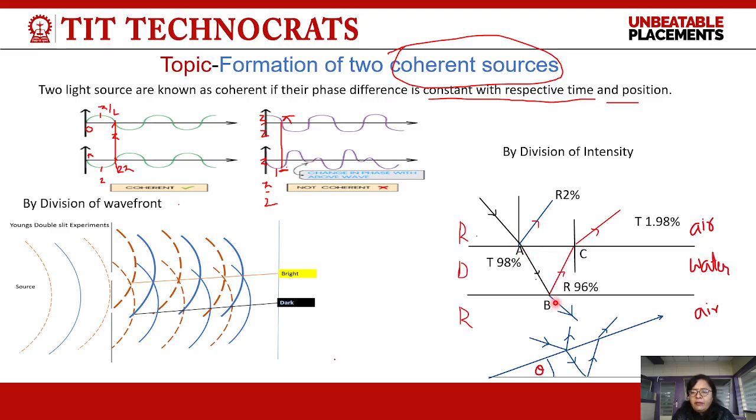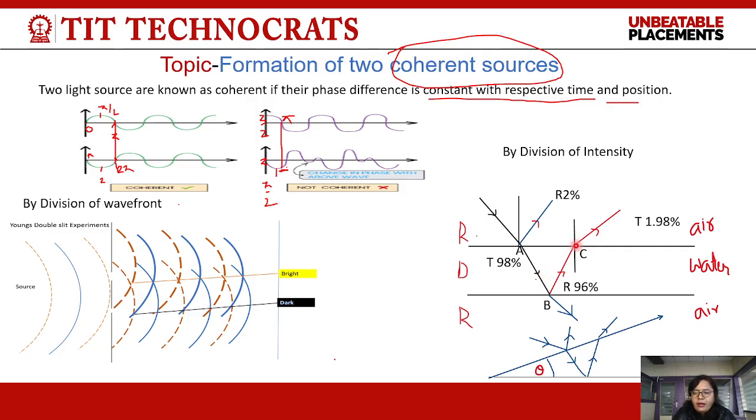So the transmitted light consists of 98% of the intensity, and the reflected light consists of 2% of the intensity. When this transmitted light reaches the second surface of the thin film at point B, the same thing happens. A small amount of the light is transmitted and a small amount is reflected. So 96% of the light is transmitted, and very little, nearly 2%, of the light is reflected back.